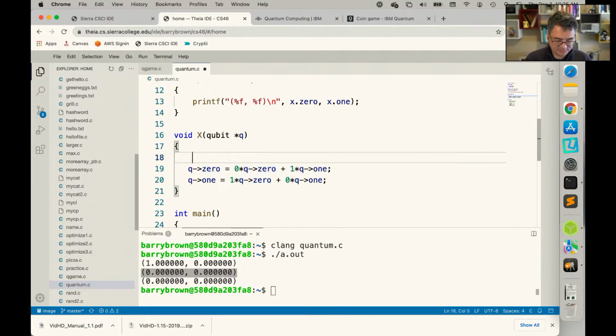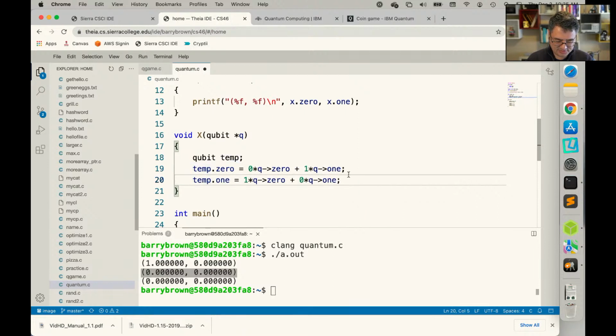So it's almost like we need to make a qubit. This is seeming like it's actually a bigger hassle than it originally was.